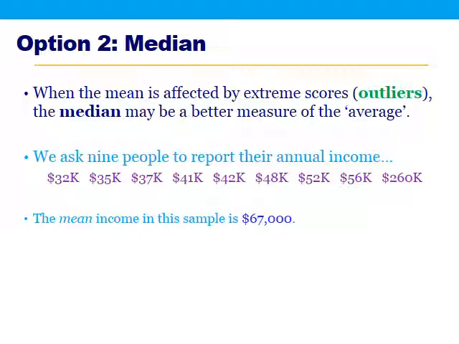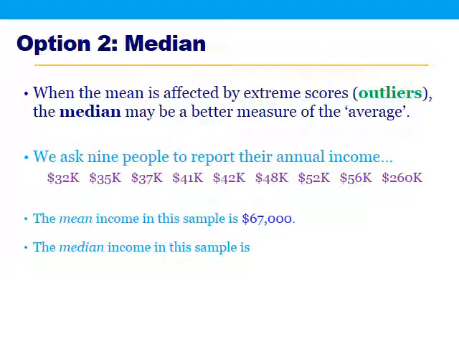Or in other words, that the average person in this sample makes $67,000. Now, you probably see where I'm going with this, right? That could be interpreted as misleading. Because even though that technically is the mean of those 9 numbers, 8 of the 9 people in our sample make less than that. So you could argue that that's actually not a good reflection of what the average or typical person looks like. So instead, maybe we want to take the median.